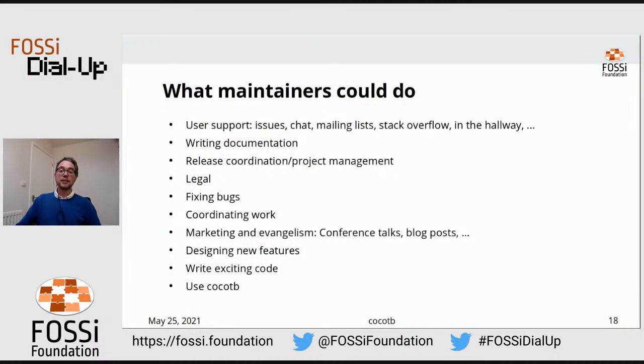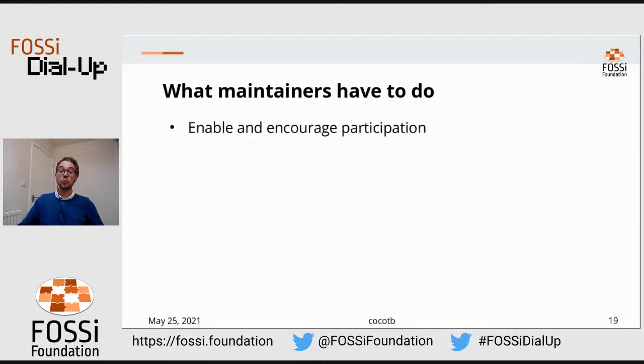So these are all the things that maintainers could do. And I would argue it's not what they should do all the time, or even must do. That's the core part of the problem that we saw: what maintainers have to do is enable and encourage participation to make sure that not all the tasks we have seen on the other slide are something a single person has to do.